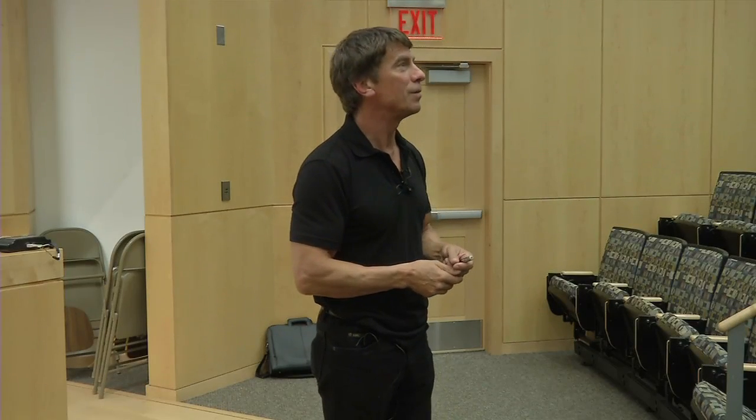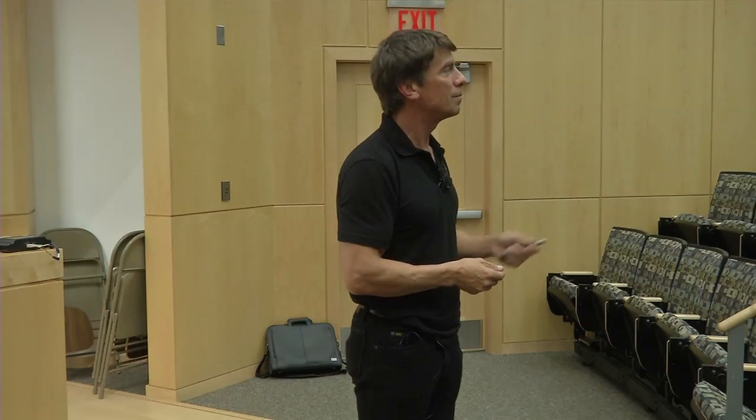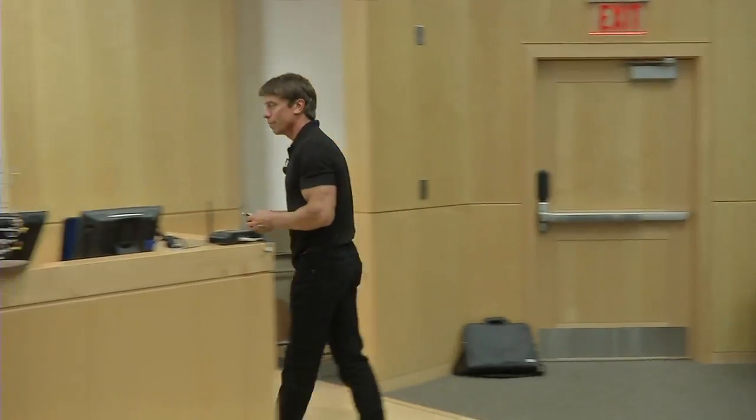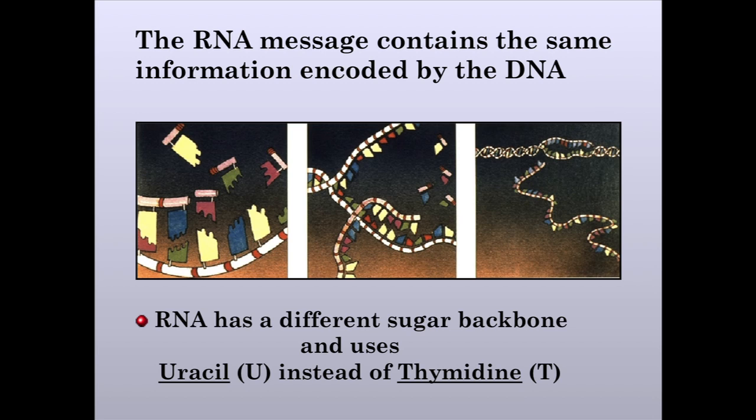But actually, this is a good question. You know, you think about it, most RNA uses uracil instead of thymidine. It's structurally more stable in a single strand and is selected for that reason. So RNA has a different sugar backbone and uses uracil instead of thymidine.